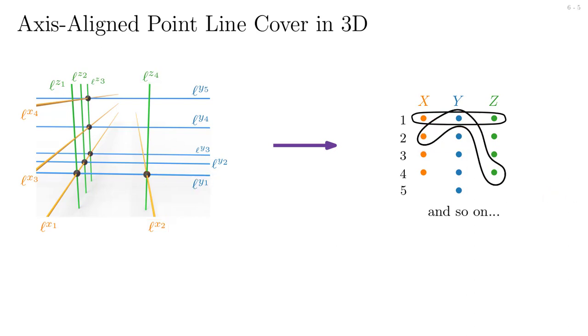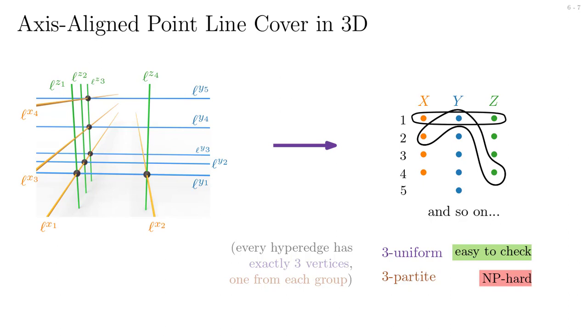And we can do all vertices in this manner. It is not difficult to see that each hyperedge has exactly three vertices, one from each group. We call such hypergraphs three-uniform and three-partite. The first property is easy to check, but the second one is NP-hard already for three groups. That's why, from now on, we consider only three-uniform and three-partite hypergraphs.